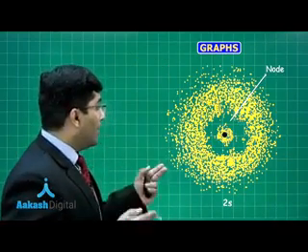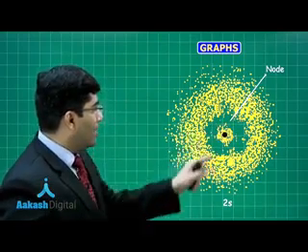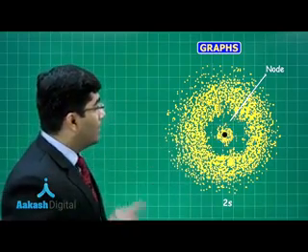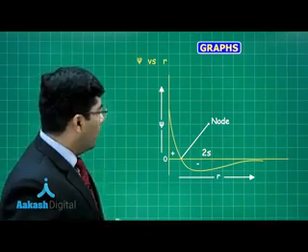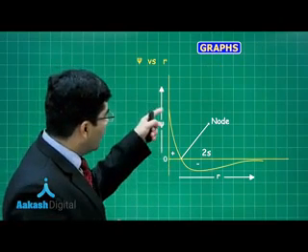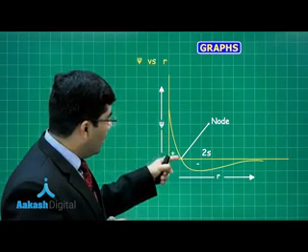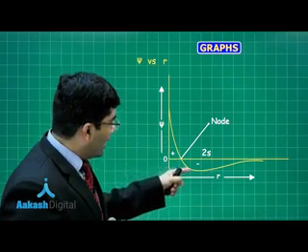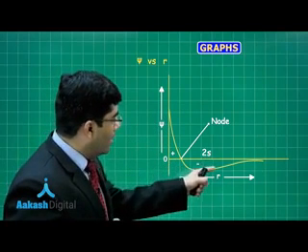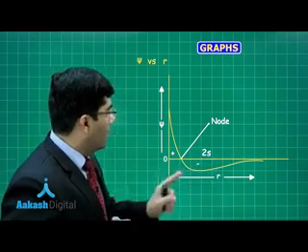So you can see the K shell, the L shell, and in between there is a node. We started from the nucleus, and when we go into the second shell for 2s, the graph will come like this.